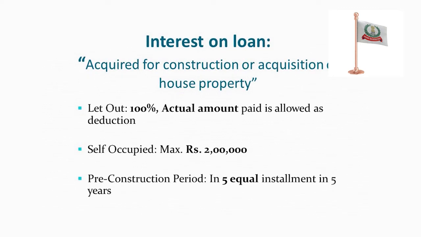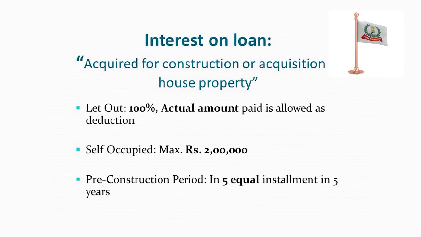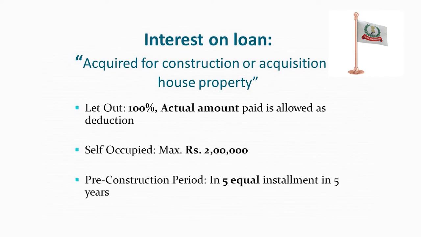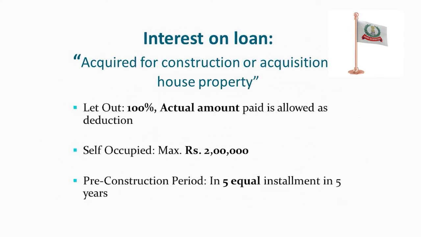Second is self-occupied property. Where loan has been taken on self-occupied property, here interest shall be limited. Here interest will be allowed as a deduction only up to rupees 2 lakh. And any amount beyond rupees 2 lakh shall be ignored and will not be allowed as a deduction.